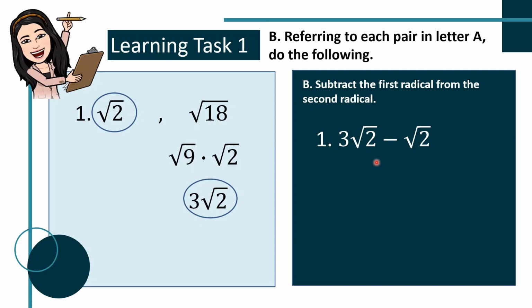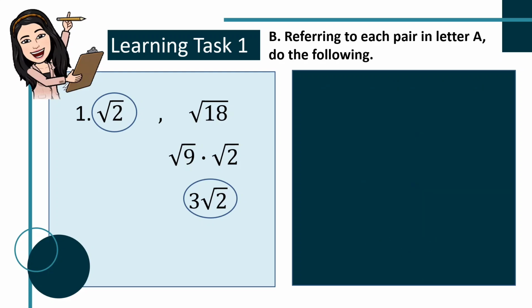Now, performing again the operation, isusubtract lang natin ang coefficient and then copy the common radical. So, that would be 3 minus, may 1 ulit tayo doon, square root of 2. And 3 minus 1 is equal to 2, then copy square root of 2. So, our answer is 2 square root of 2. Can you follow?